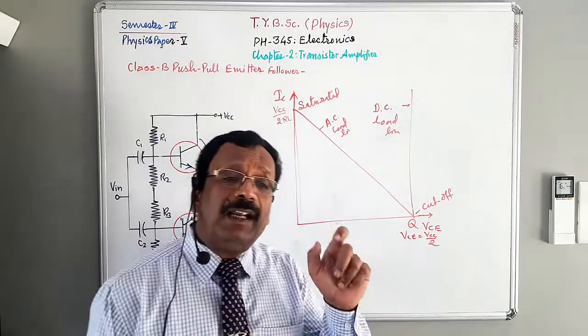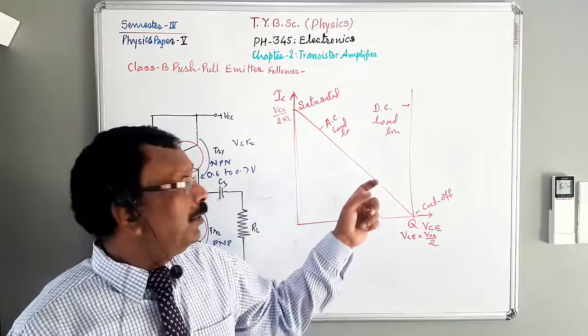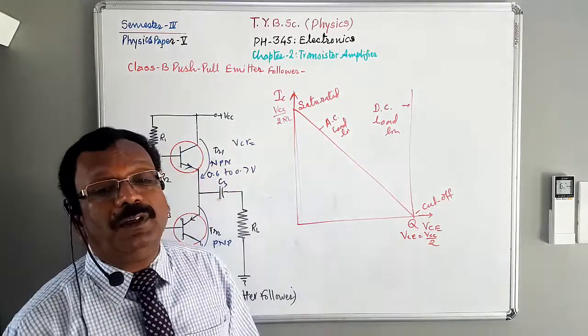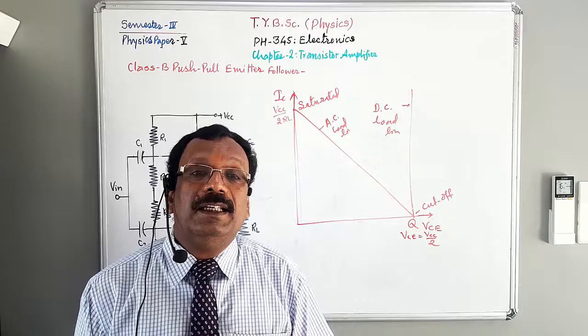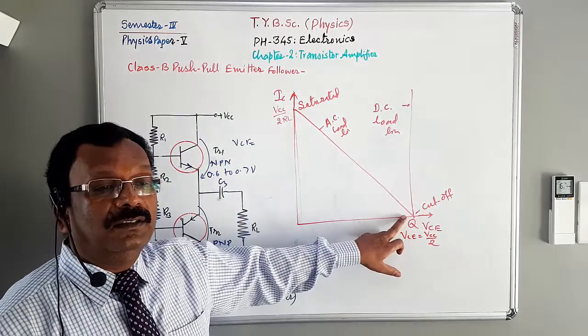The most difficult thing about designing this class B push pull amplifier is setting a Q point at cutoff.